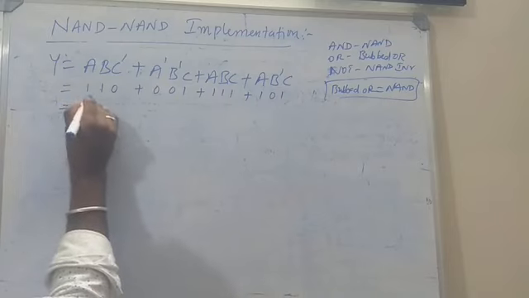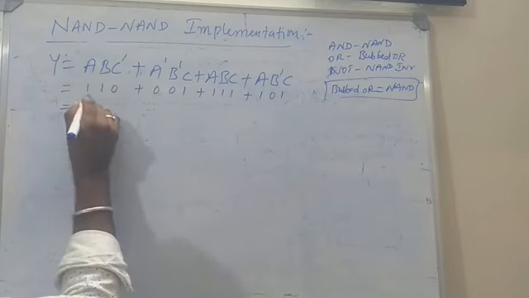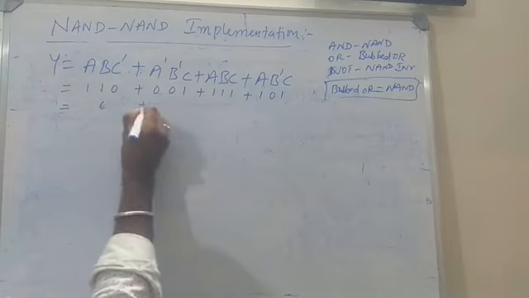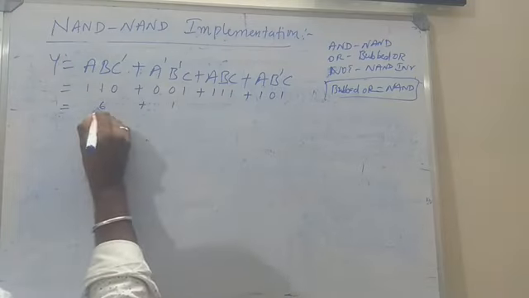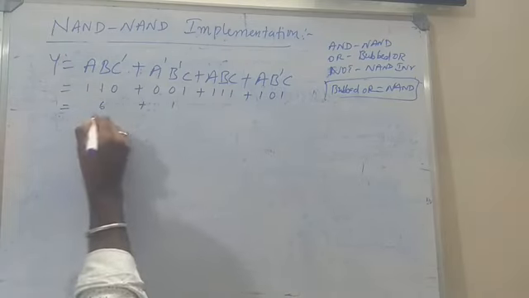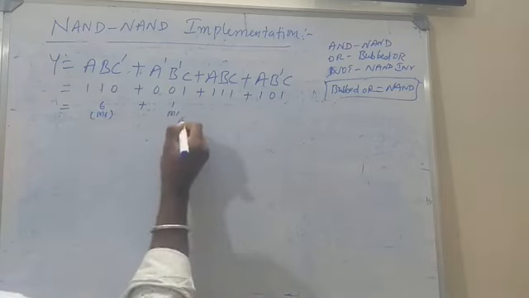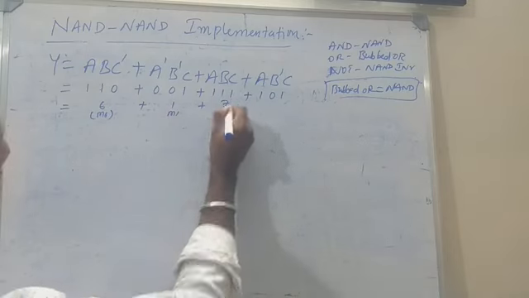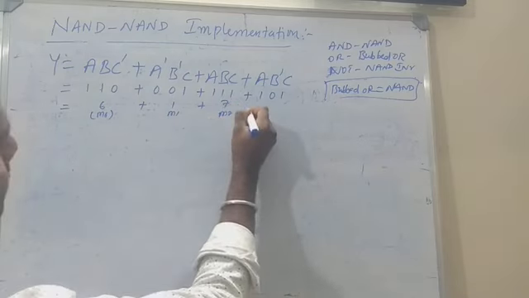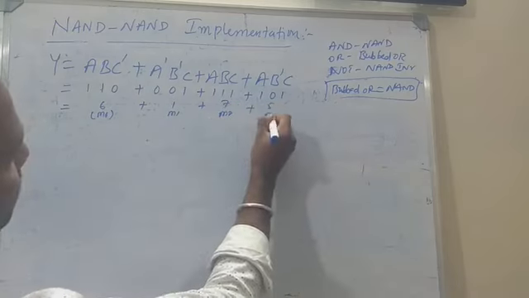These are the min terms. Here that is 6, which indicates M6, min term 6. This was min term 1, M1. Plus 7, which is M7, plus 5, that is M5.